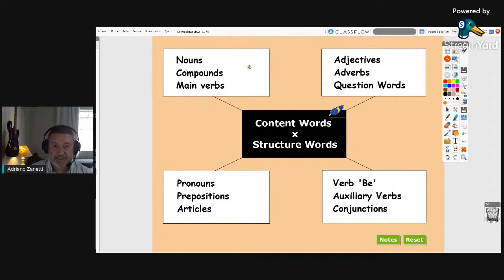Action words should get stressed, as opposed to structure words, the ones which tend to get less stress. I tell my students it is like an electrocardiogram.